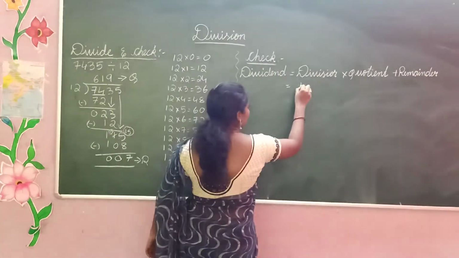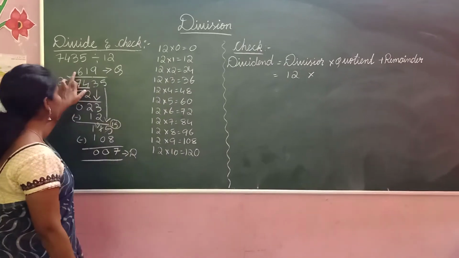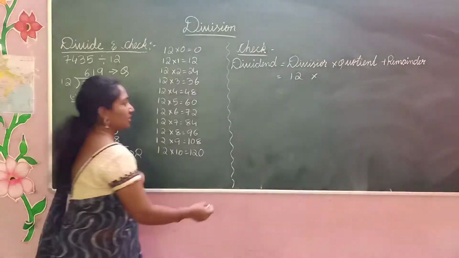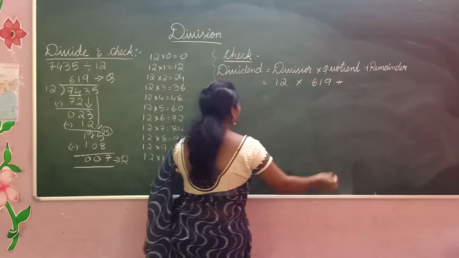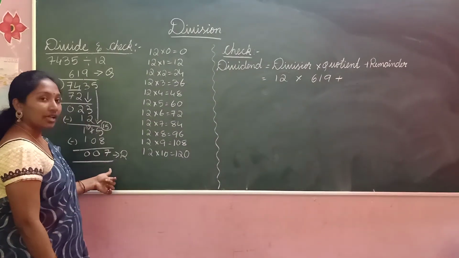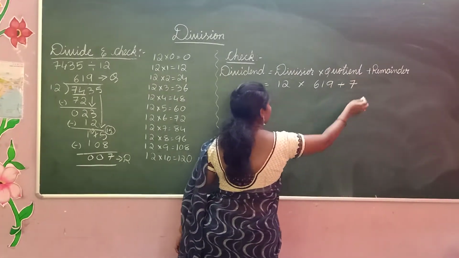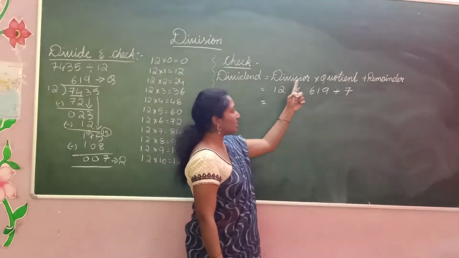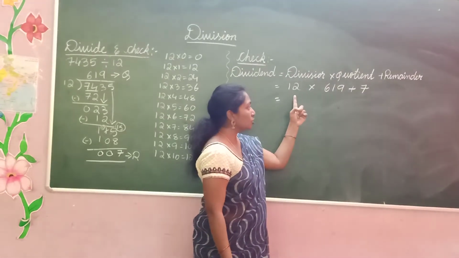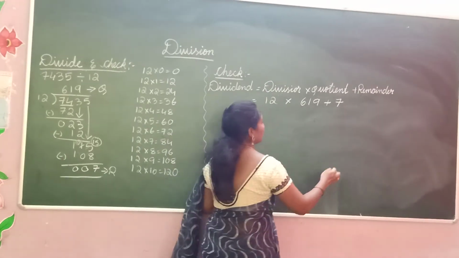So write 12 into the quotient, 619, plus the remainder. The remainder is 7. First you have to multiply the divisor into the quotient. So 12 into 619.